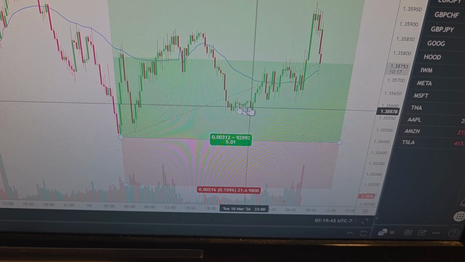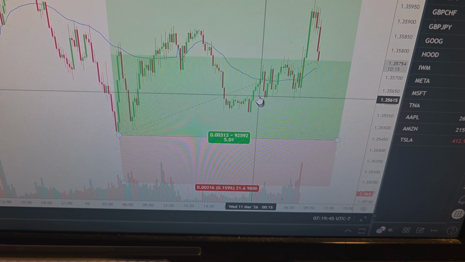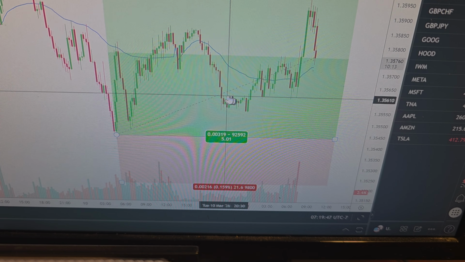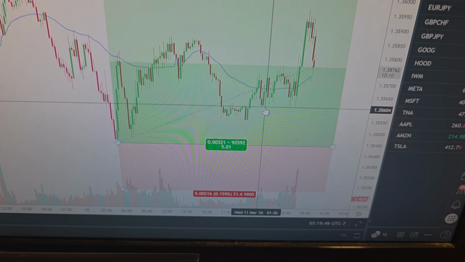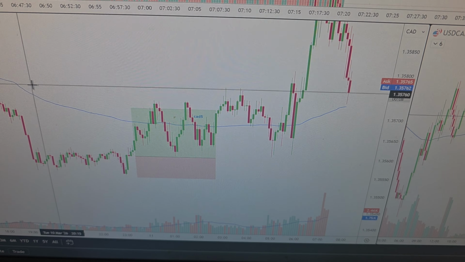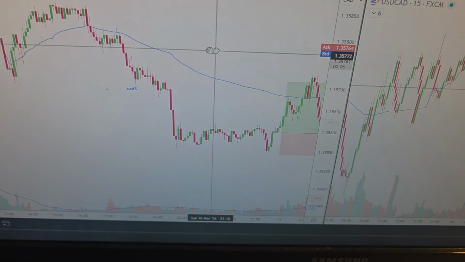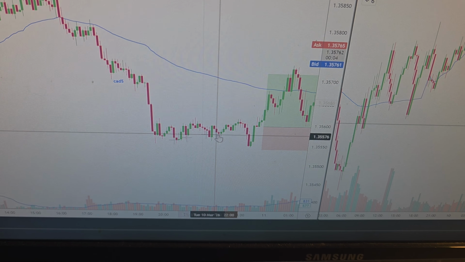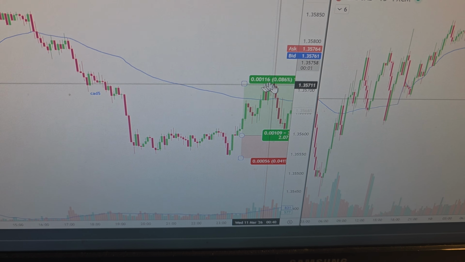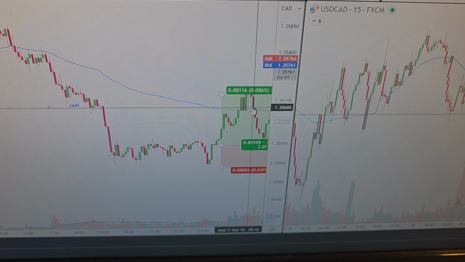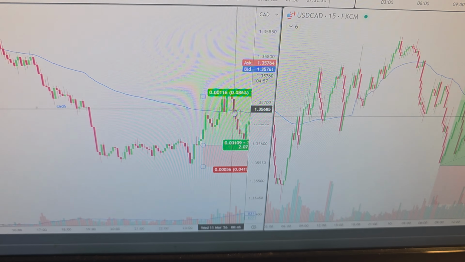And here's our cluster. And here's the cluster becoming support, which is this right here. I'll cover up the rest right here. See right there, this cluster, this first mover, this pullback. That's the pullback on the 15-minute.